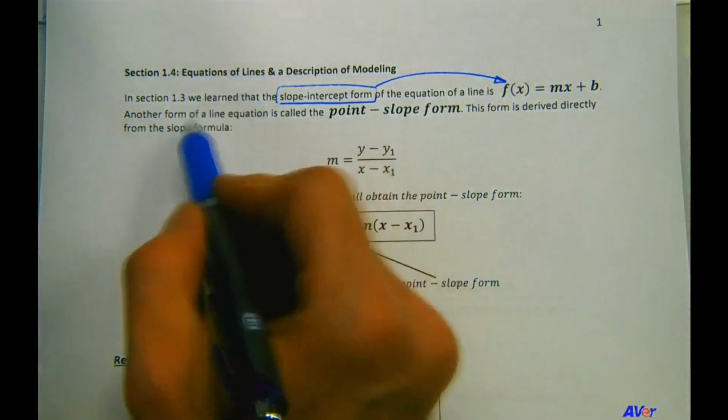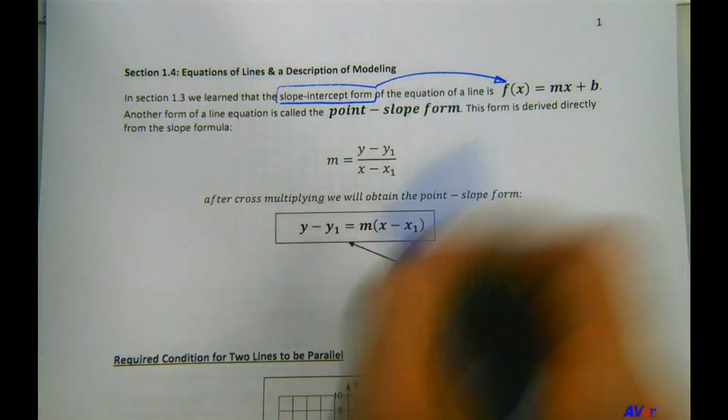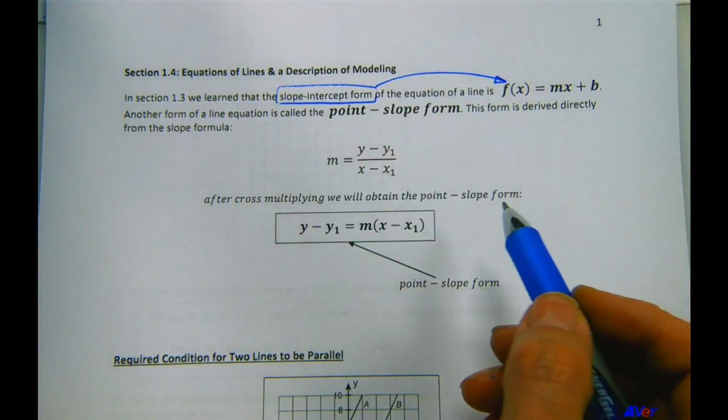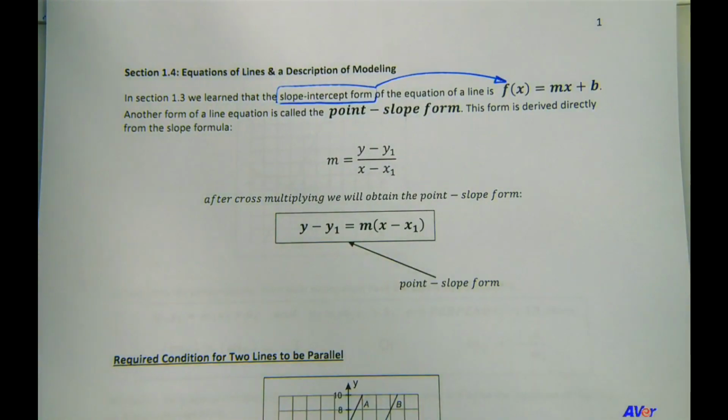Then another form of a linear equation. A linear equation basically has three different forms. Depending on what application you're applying it to, depending on the context, you're going to use a different version of a linear equation.